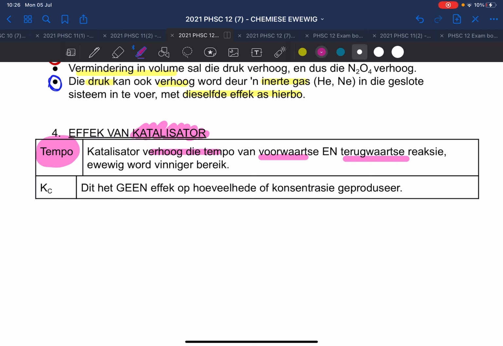So it increases the rate of the reaction, so the equilibrium is reached faster. Die ewewig word vinniger bereik. Time is money. But a catalyst will have no effect on the concentration or the amount of the products or whatever is produced.